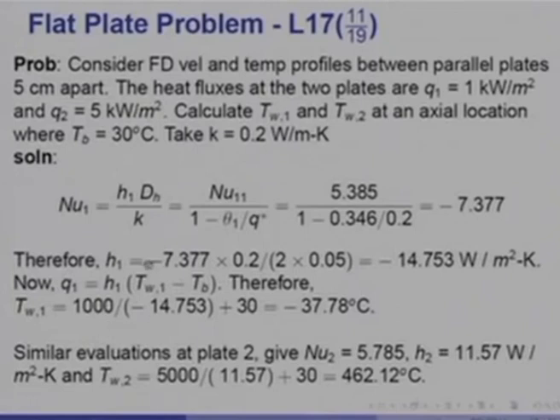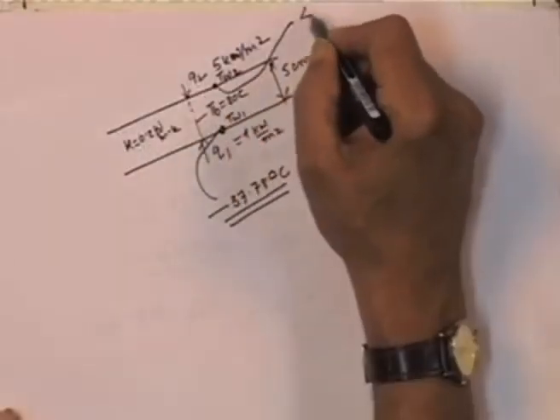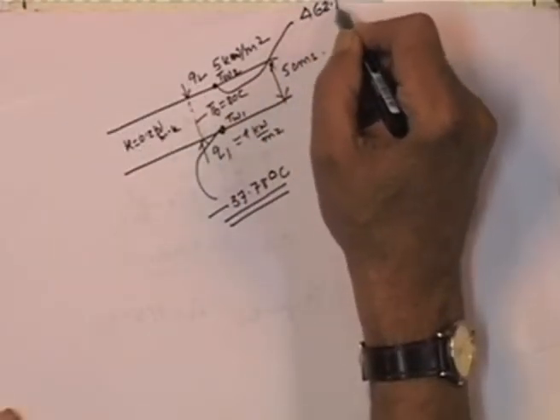You can do the same thing: Nu2 equal to h2 d_H by k equal to Nu_oo minus 1 minus theta2 into Q star, and again you will see Nu2 will turn out to be 5.785, h2 in this case will be 11.57, and T_W2 turns out to be 462.112.